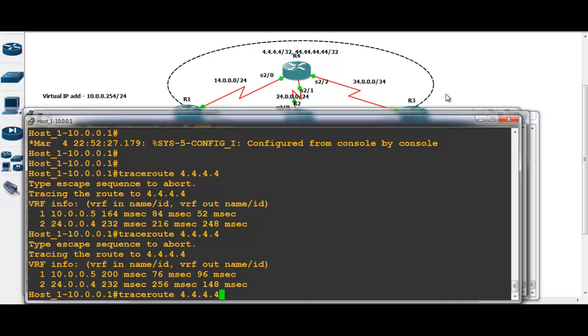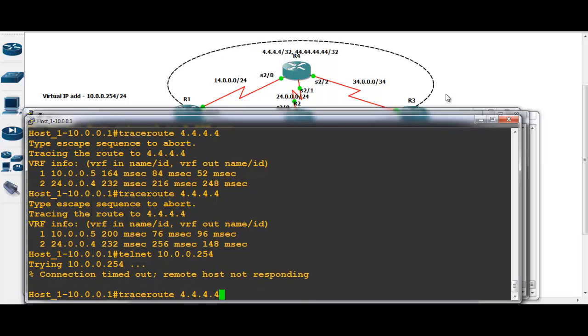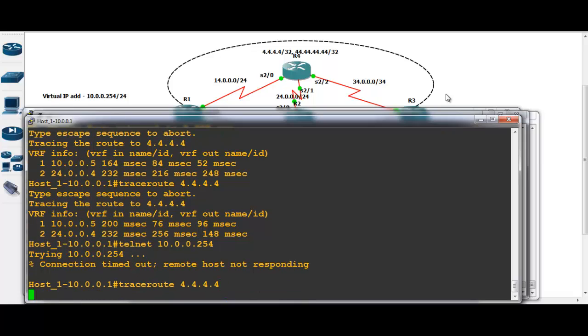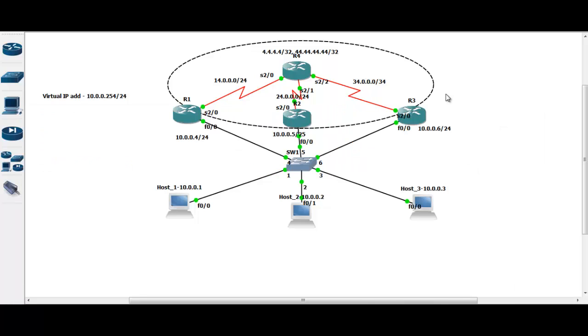Now if I ping to this address or telnet to this address, see there is no response. TCP can easily identify using the sessions. Now if I ping or traceroute, because traceroute uses ICMP, this will happen as long as the buffer has it.